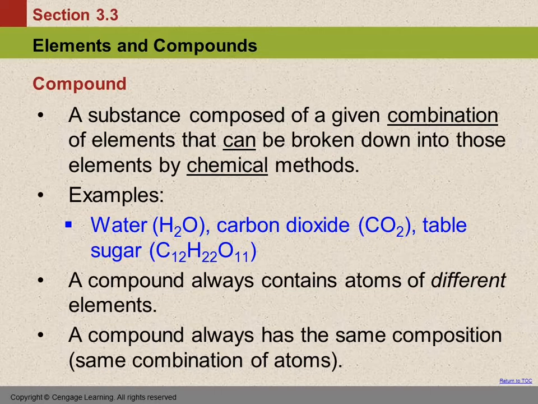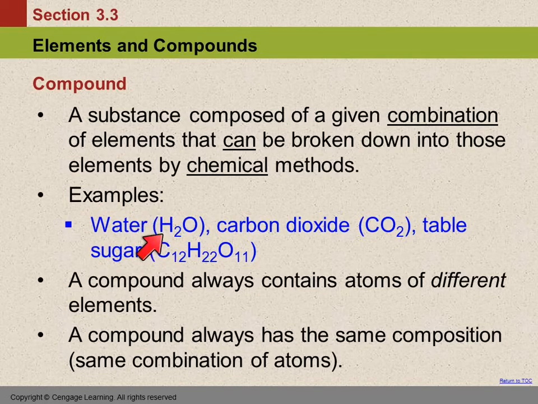Nothing crazy going on there. Compounds can be decomposed. They can be broken down into the elements by chemical methods. We can break water into hydrogen and oxygen using a very simple battery. That's a chemical method. Examples of compounds: water, carbon dioxide, table sugar.